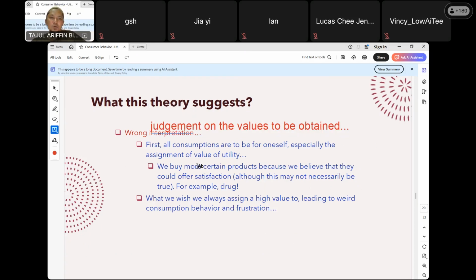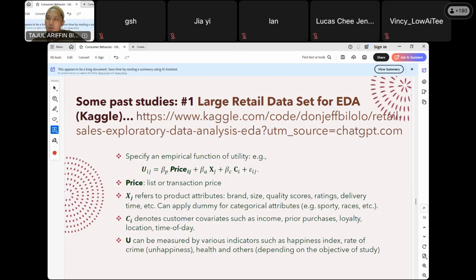All right. Now we go through how this research can be done. If you have taken a machine learning or predictive class, you may have been exposed to Kaggle, a platform that offers a lot of data sets, including data sets for EDA. From EDA, I realized we can have this kind of utility function, meaning utility or satisfaction is a function of price.